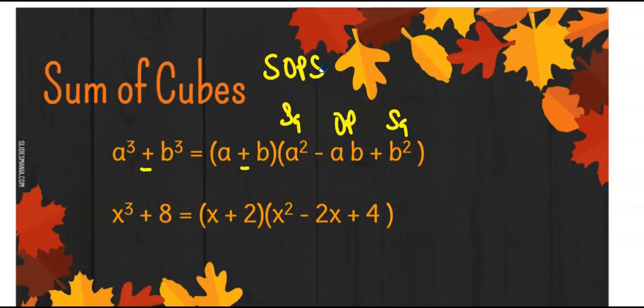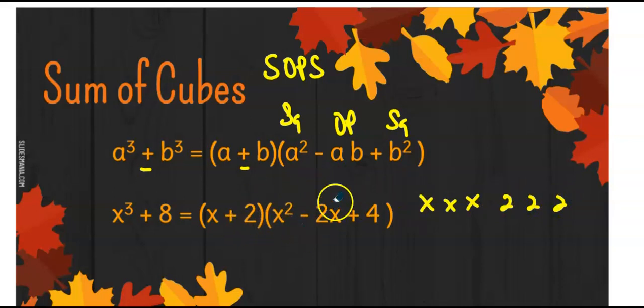Another way of getting the trinomial, after you recognize the two terms of the binomial: for example, if we have x cubed plus 8, I recognize that I'm cubing x and I'm cubing 2 to get 8. So I will write x, 2, 2, 2.